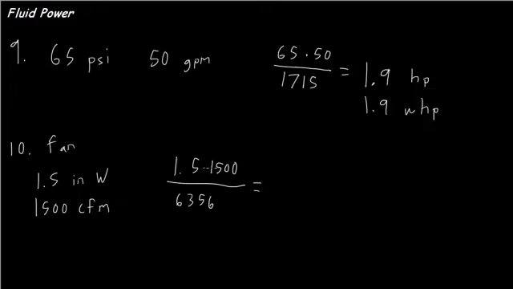And again, this equation only works for air if I have pressure measured in inches of water and flow measured in CFM. So this gives me 0.39 air horsepower. That's my output of my fan. Actually, 0.35, sorry.